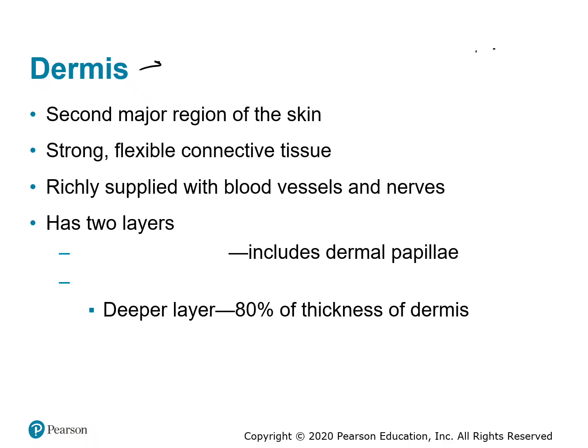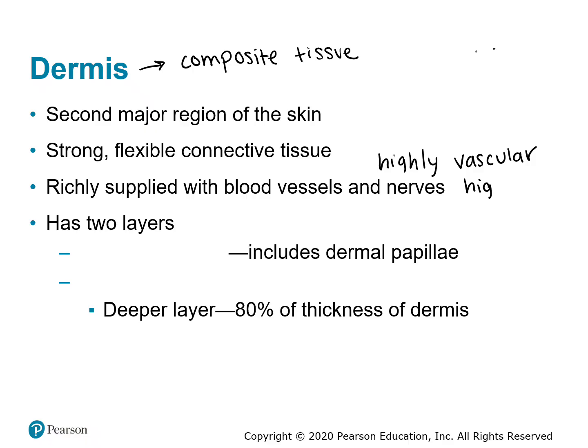The dermis, though, is a composite tissue, meaning that it has some epithelial properties, it has some connective properties, okay? It is richly supplied with blood vessels and nerves, so it is highly vascular and highly innervated.